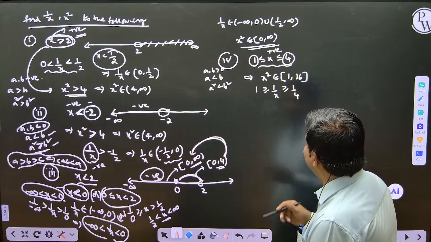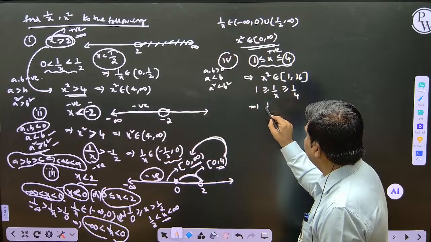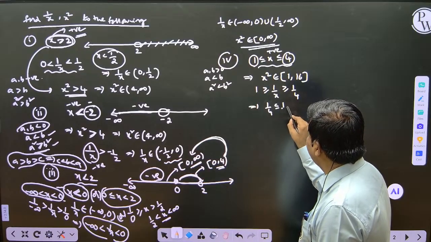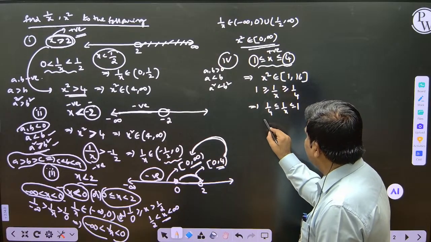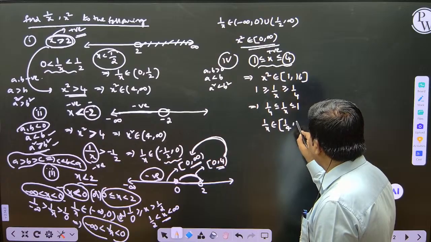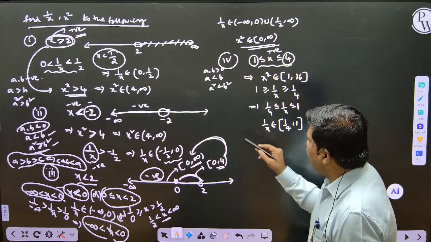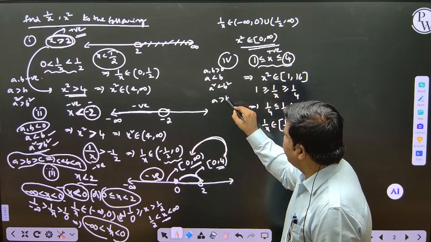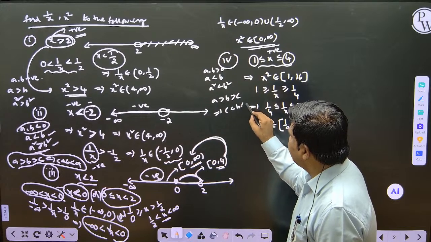Finally, in reverse order you can write 1 by 4 less than or equal to 1 by x less than or equal to 1. So 1 by x belongs to what? 1 by 4 comma 1. Why? A greater than b greater than c means c less than b less than a.